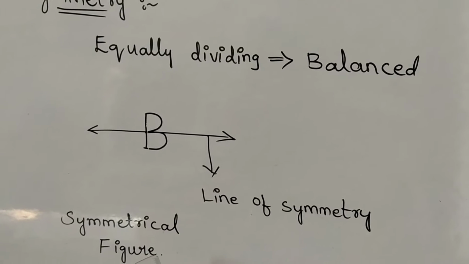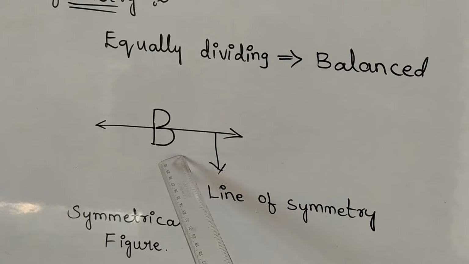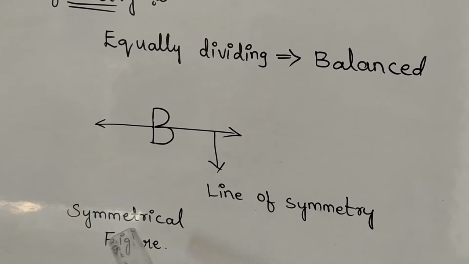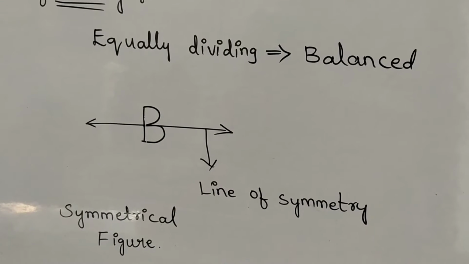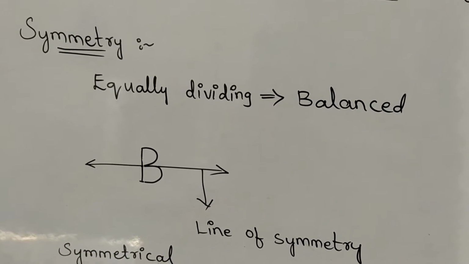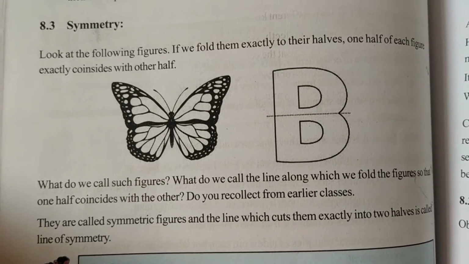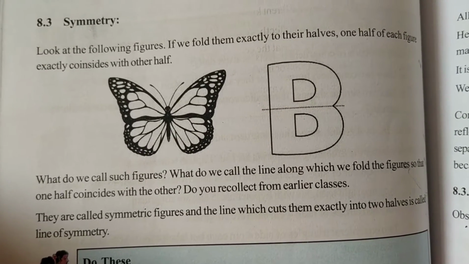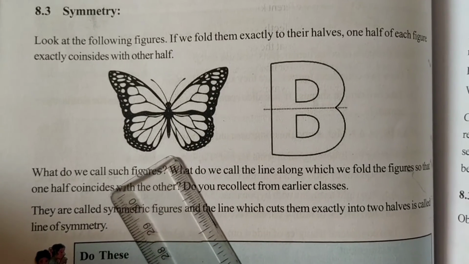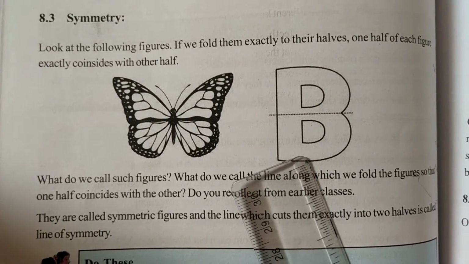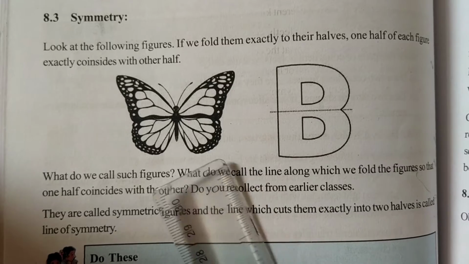Now let us discuss some more symmetrical figures. Open your textbook and see these two figures. Here one butterfly is there, and B. B we have done already. For the butterfly, let us draw the symmetry line.